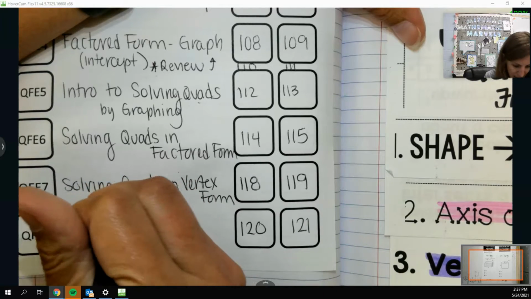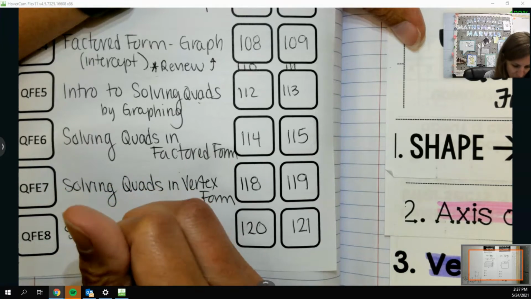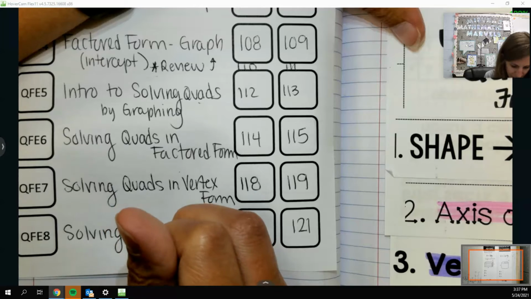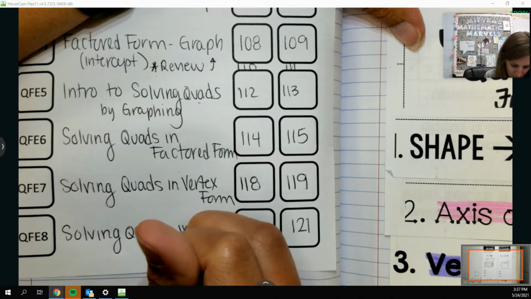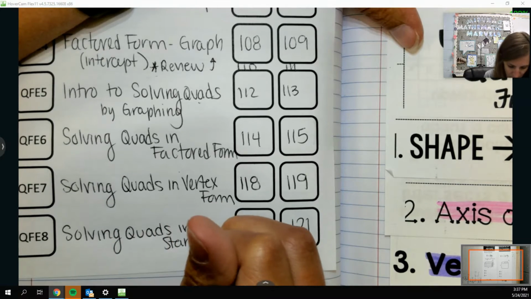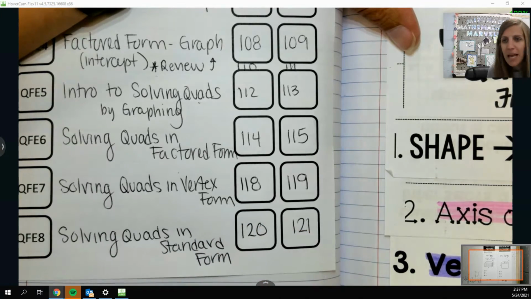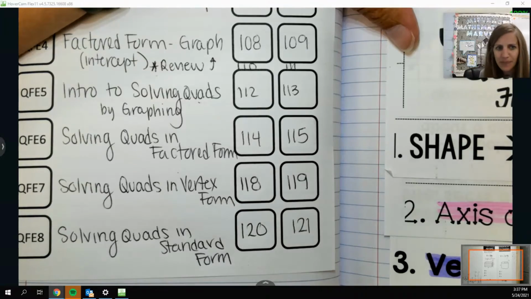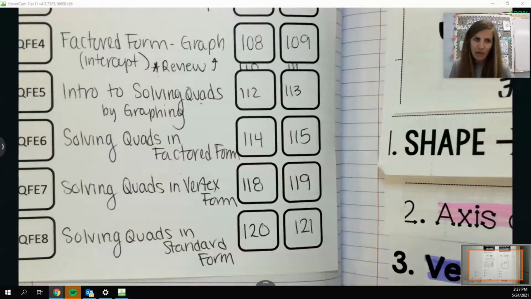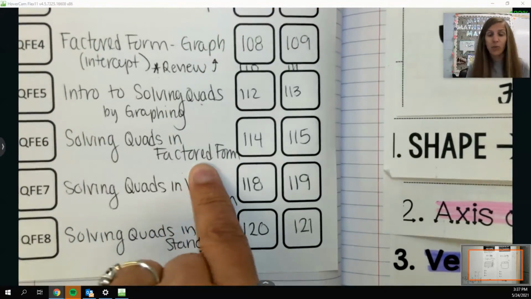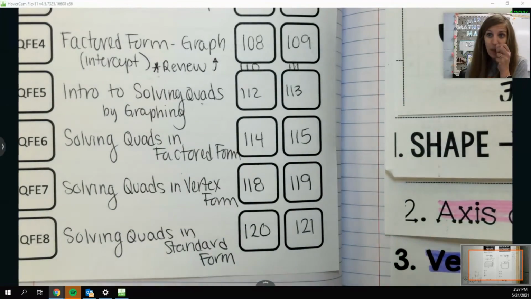So we're going to talk today about solving quadratics in standard form, which is kind of the last form that we have here. But as a little bit of a reminder, when we first talked about solving in factored form, we did do standard form a little bit.